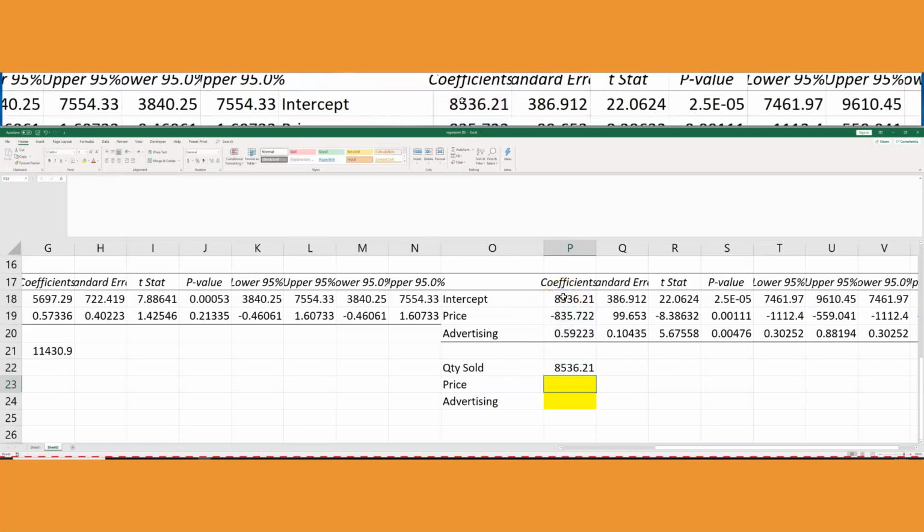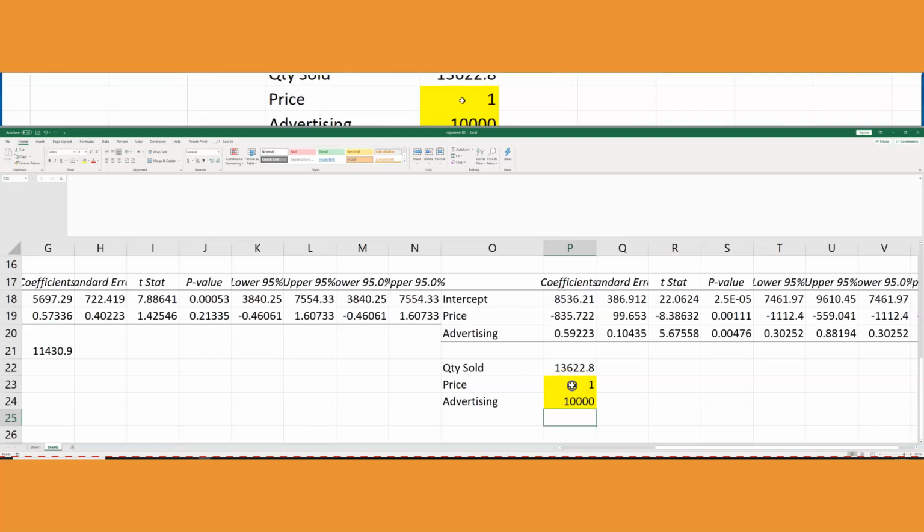And here we go. So this is the intercept because the price at this moment is 0 and the advertisement is 0. If I put the price to be a little bit low, which is to my advantage, and I put the 10,000, which is a very high advertising, notice how much the quantity sold is going to be.